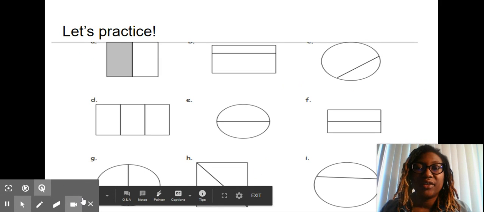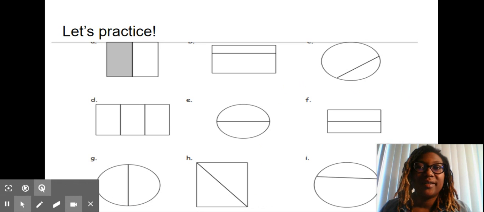Okay, so we're going to do some more practice here, okay? So we are looking for the shapes that are split into 2 equal shares.